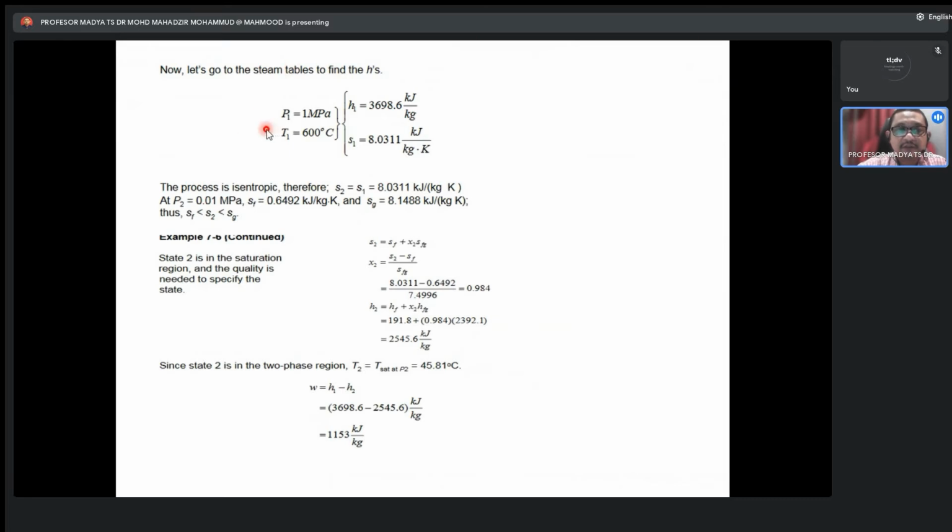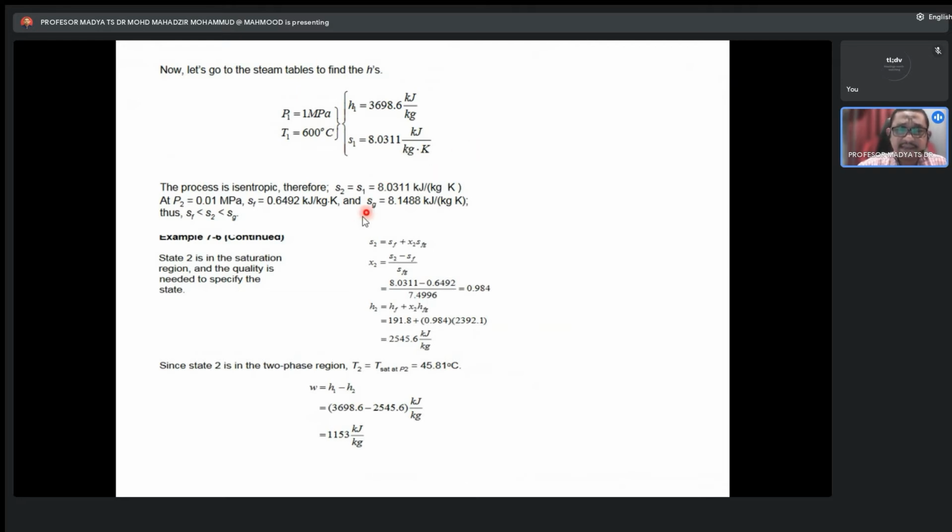So given P1, T1 of 1 megapascal and 600 Celsius, in that situation you find H1 is equal to 3698.6 kilojoule per kilogram. S1, the entropy at state number 1, is 8.0311 kilojoule per kilogram Kelvin.